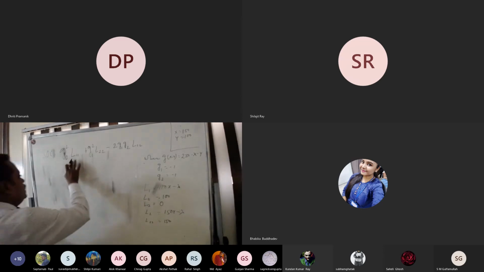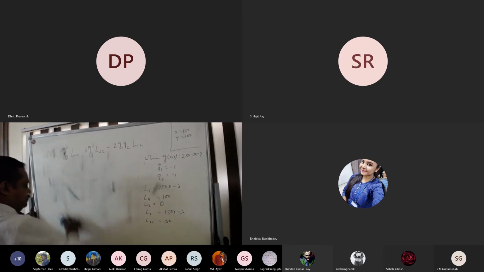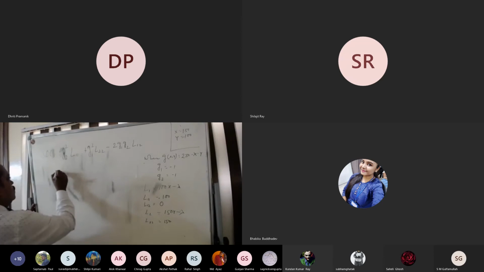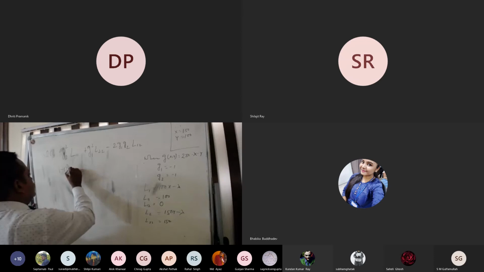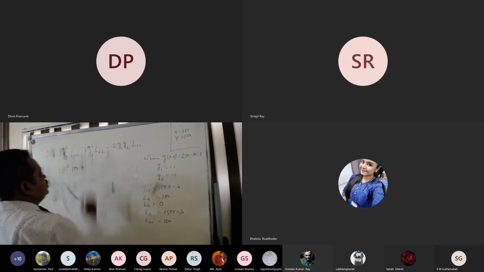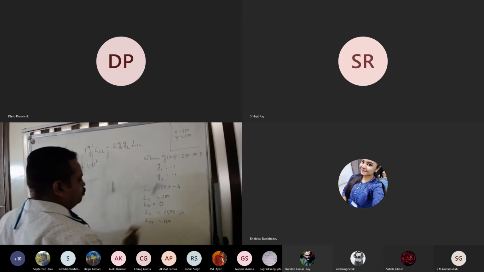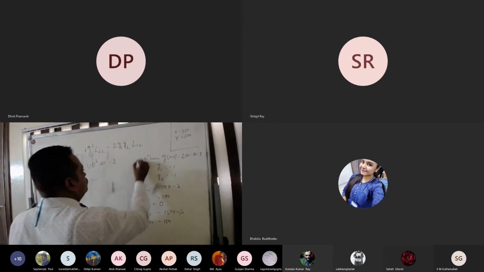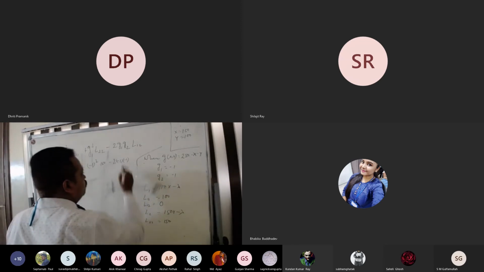Now you put those values here. G2 square, G2 is minus 1, so minus 1 square, into L11 which is 100, plus G1 square, G1 is minus 1, into L22 which is 150, minus 2 into G1, G2, minus 1 and minus 1, into L12, which is 0.